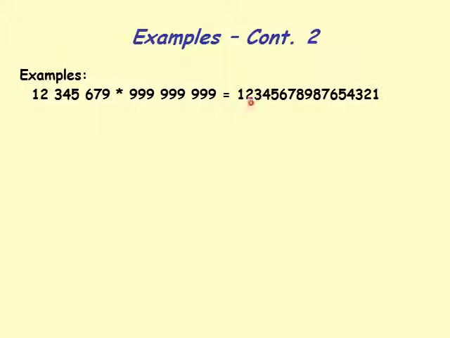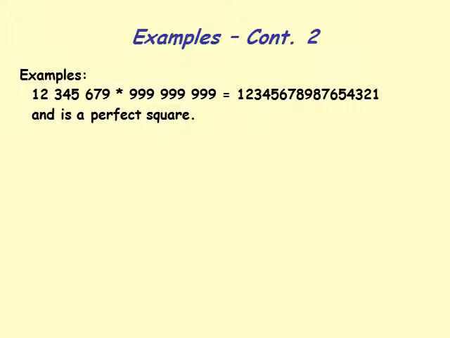The book notes that that's equal to 123,456,789,87,654,321. This is the center of symmetry, and the left part is a mirror image of the right part. And the number is a perfect square.